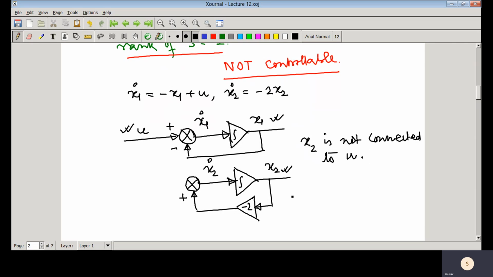In the state diagram you can see that one state is not connected to the control input, so you cannot drive this state x2 from any initial condition to any arbitrary point. That means x2 does not depend on the control input, so you cannot do that. That's why the system is not controllable.